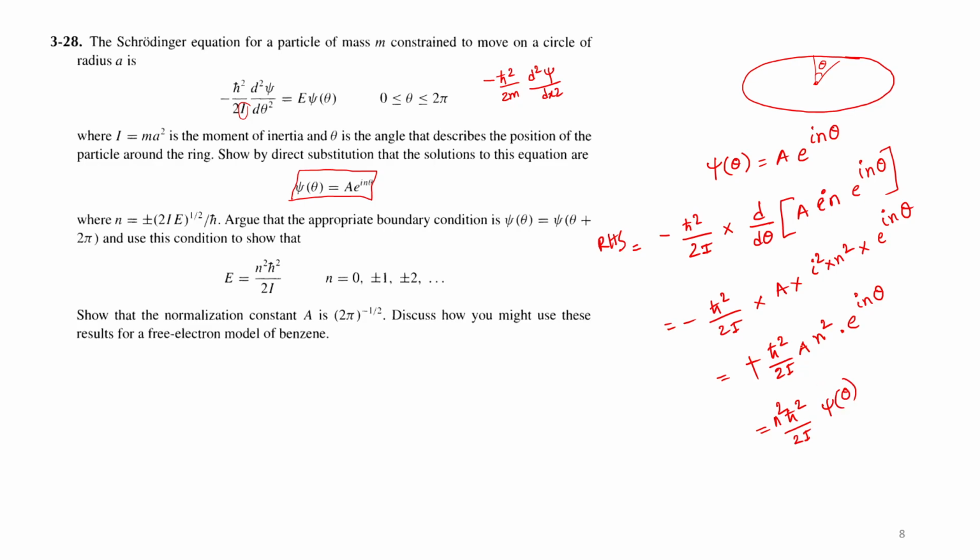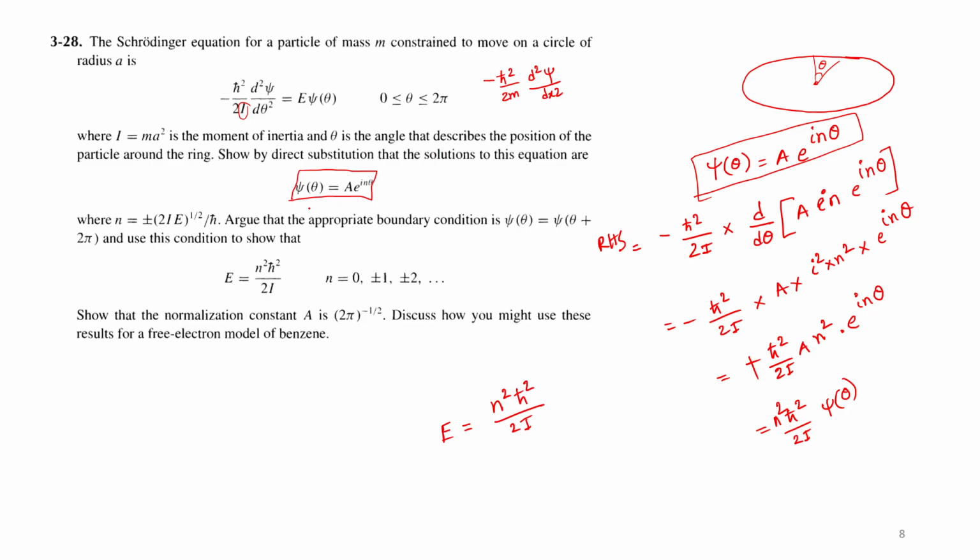So by substitution you can see that this is your general solution. When you substitute this, you will see that E, the eigenvalue, is coming as n square h cut square by 2I. That is what you have to show from here.